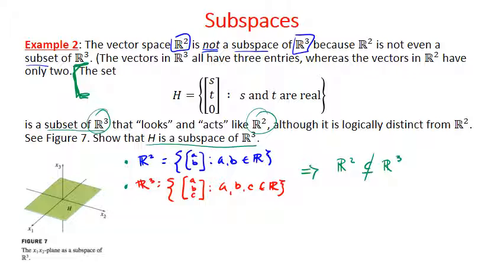And this is where I'm just going to talk you through this answer. The 0 vector is in H, and H is closed under addition and scalar multiplication because these operations on vectors in H always produce vectors whose third entry is 0, which belongs to H. So H is a subspace of R3.